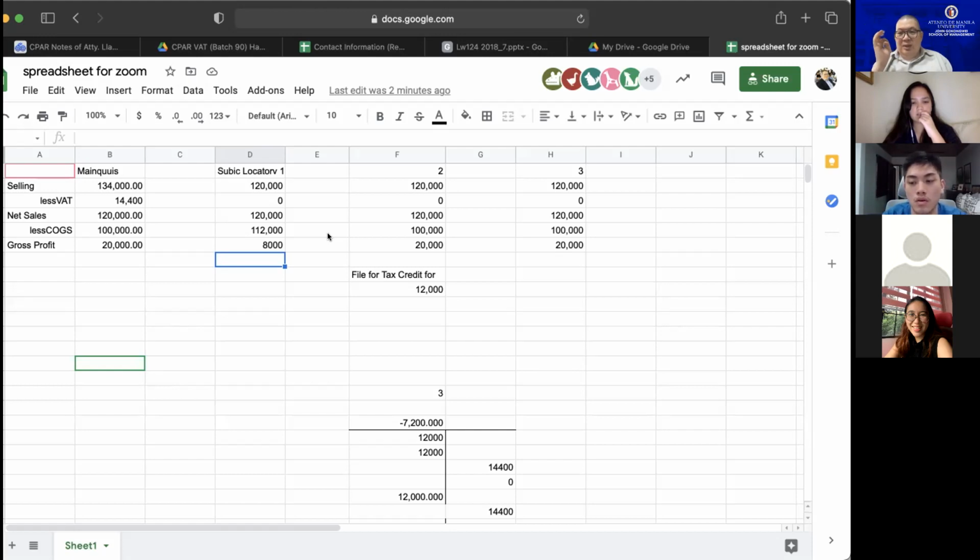Hindi sa Los Baños yan. Or you are doing business using ODA, ODA projects. ODA projects yun yung like yung railway, yung North-South Railway.